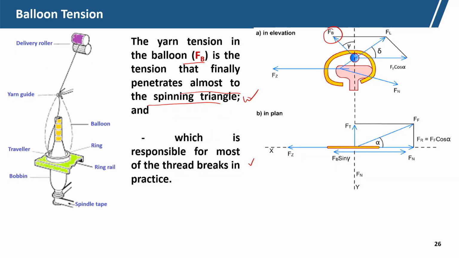Now, we can see here this is the balloon, and the balloon tension gets transmitted to the nip point of the delivery roller, where the spinning triangle is, which is the weakest part of this unsupported zone.